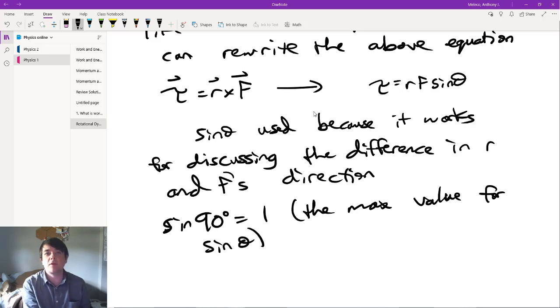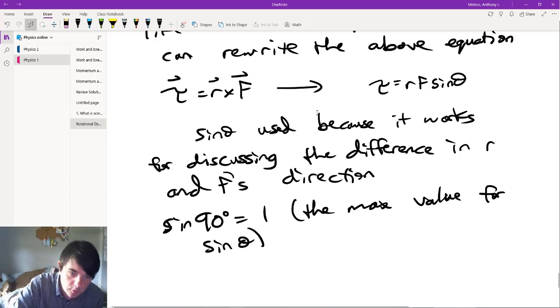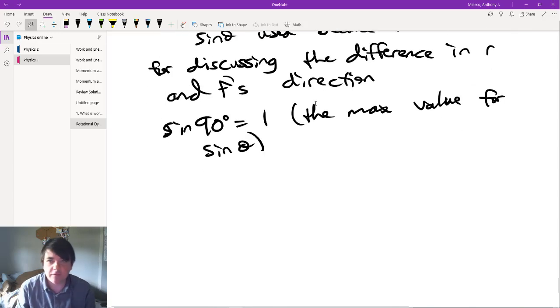Because if you don't know, sine varies between 1 and -1, just like cosine theta does.